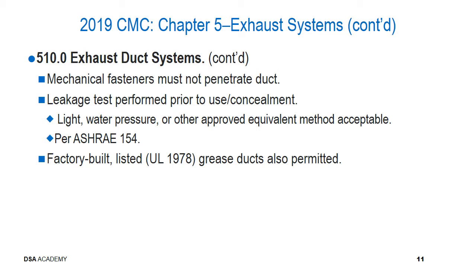The test method must comply with the American Society of Heating, Refrigeration, and Air Conditioning Engineers, publication number 154. They are required to be factory built. Grease ducts are also permitted as long as they're factory built and listed to Underwriters Laboratory number 1978.